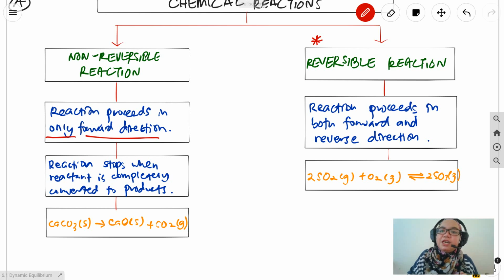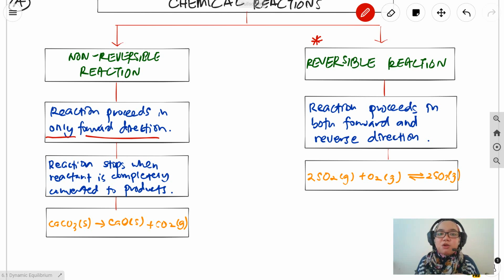However, for the reversible reaction, the reaction proceeds in both forward and reverse direction, meaning that the reactant can form a product and a product can form a reactant back. So that is the difference between reversible and non-reversible reaction.